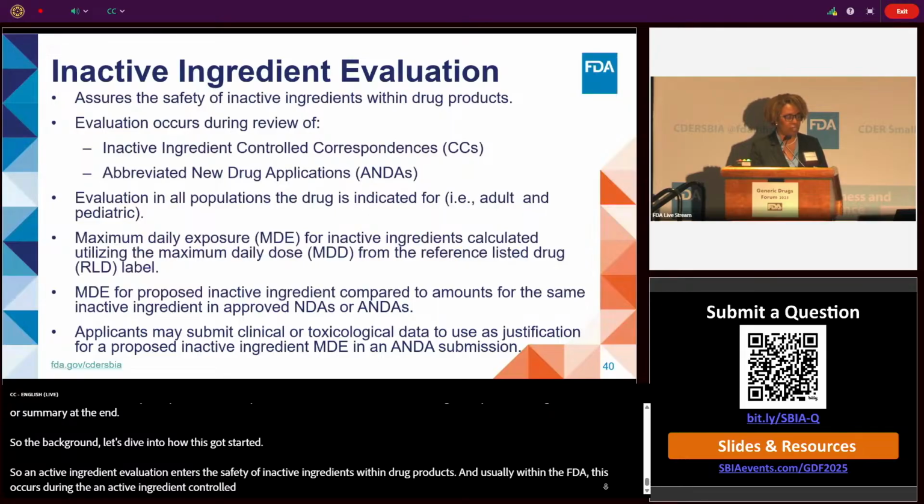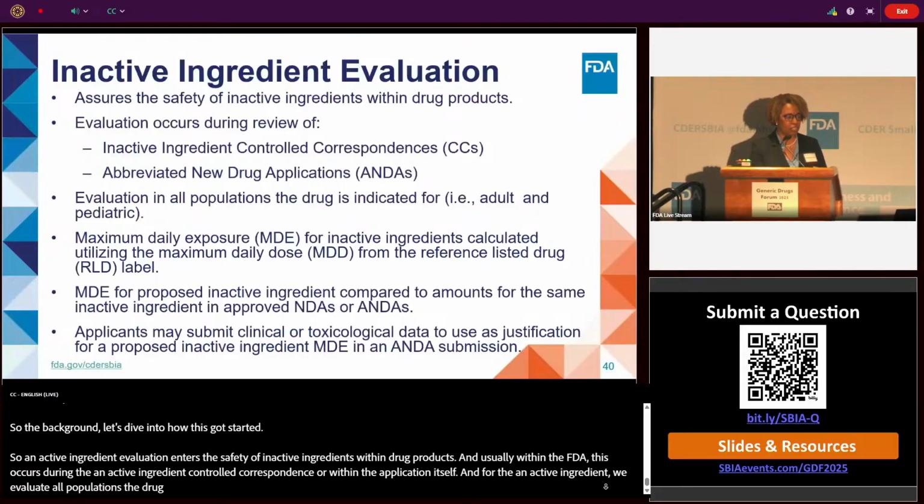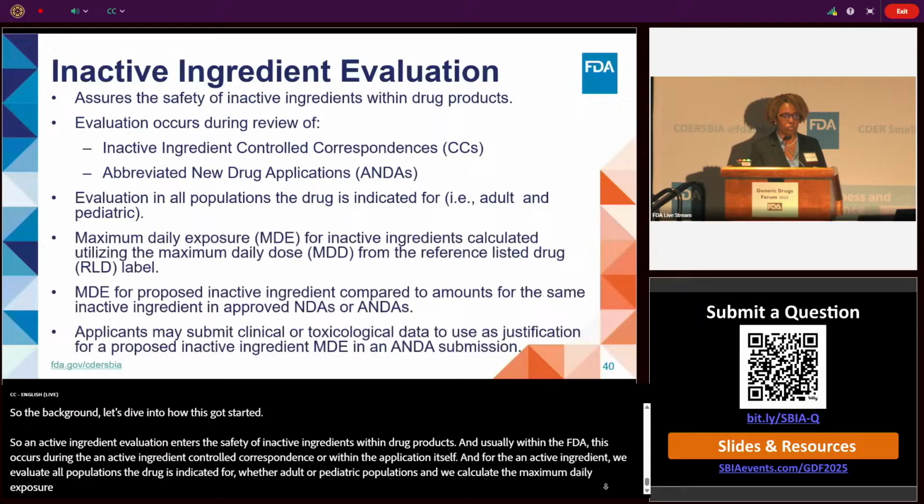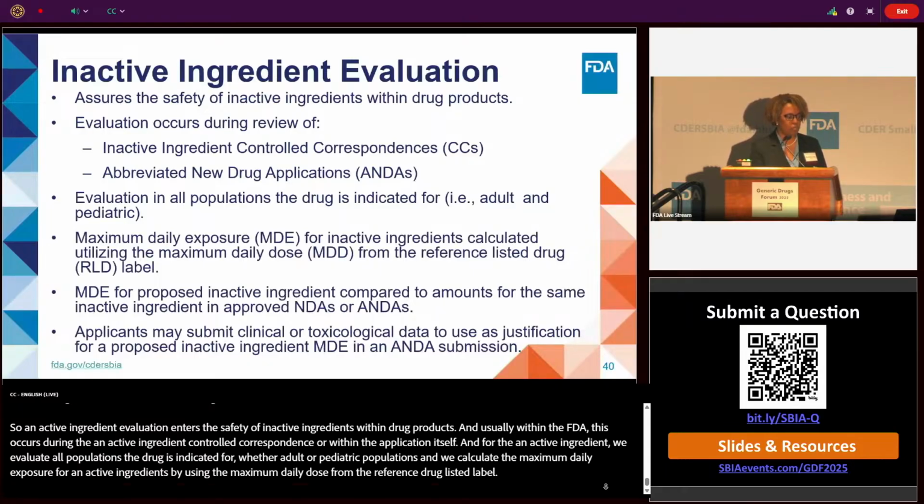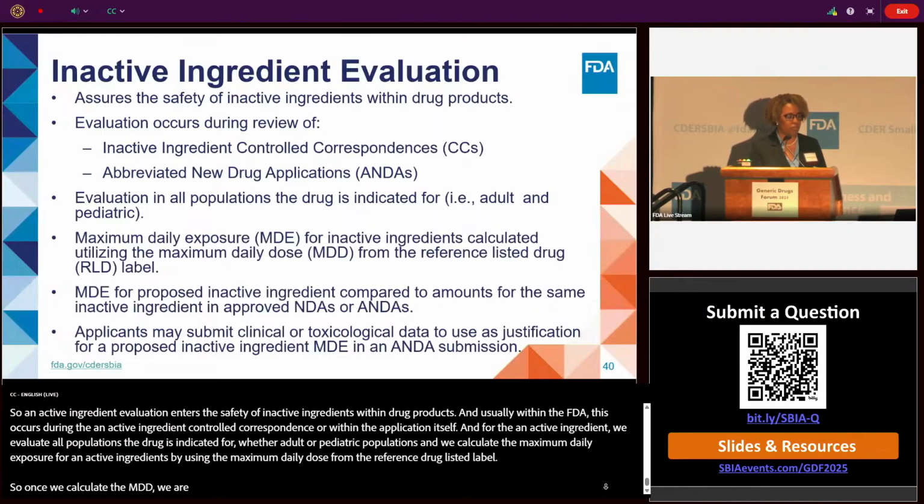And for inactive ingredients, we evaluate in all populations the drug is indicated for, whether it's adults or pediatric population. And we calculate the maximum daily exposure for inactive ingredients by using the maximum daily dose from the reference listed drug label. So once we calculate the MDD, we are able to take that amount and compare it to amounts for the same inactive ingredient within approved NDAs and ANDAs.